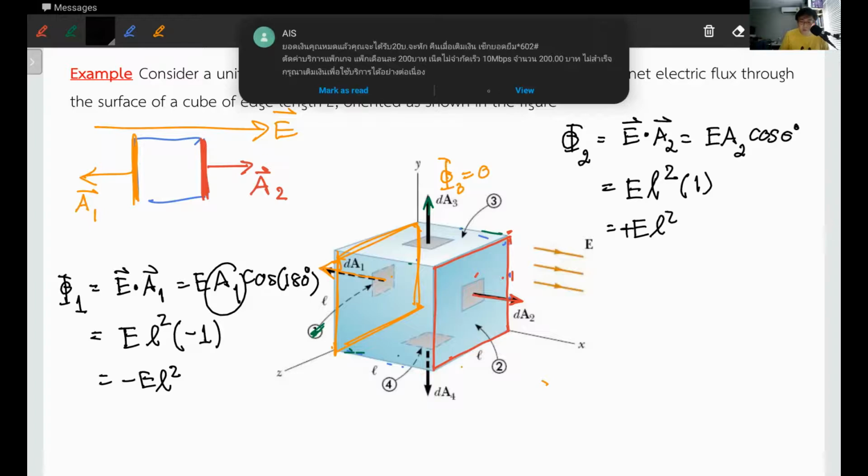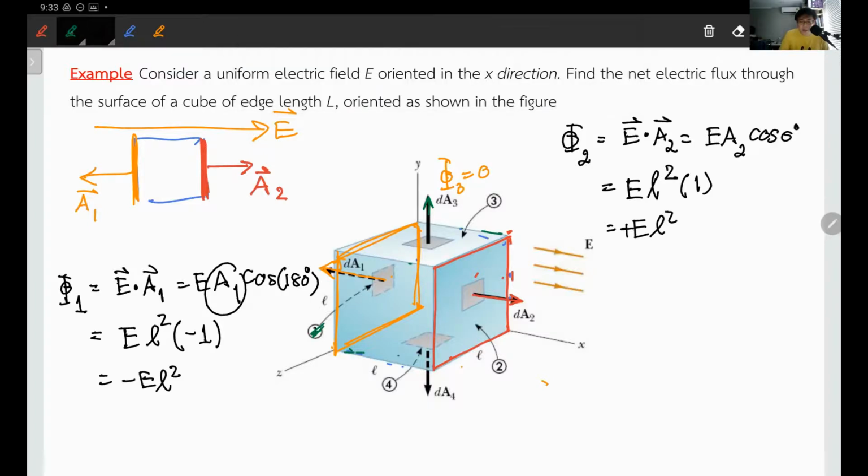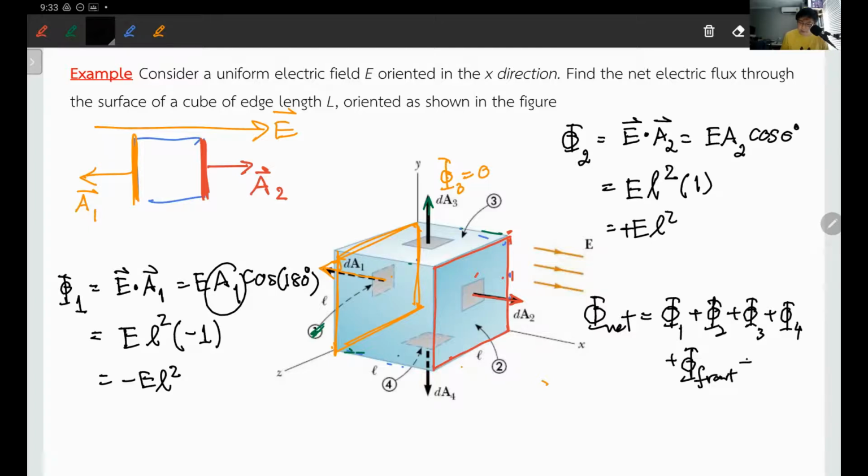So what is the net electric flux? Let me call it net. It's going to be the flux through surface number 1, surface number 2, surface number 3, surface number 4, the front, and the flux through the back surface there.